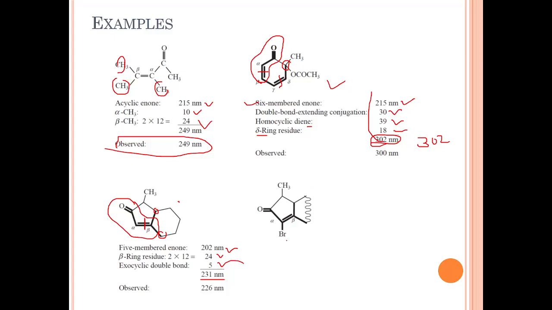Now can you calculate this? Let's calculate here: alpha Br. So you must remember the value for alpha Br, and then beta we have 12 and 12, 24, and the basic value of this is 202. What is the alpha Br value? We will check over here.